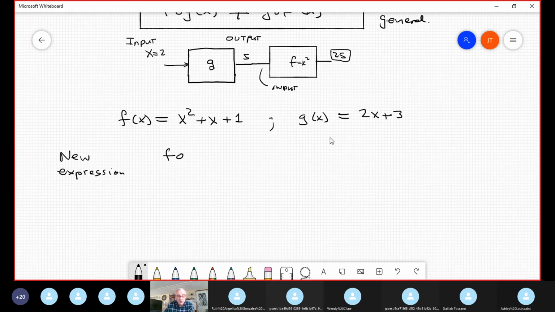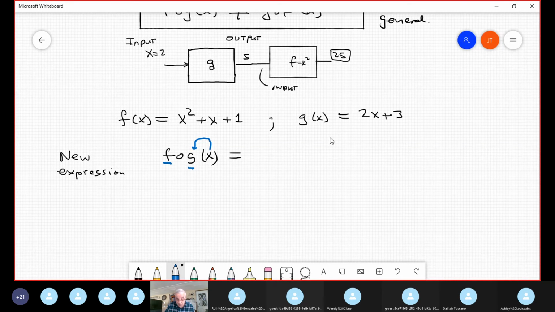I want to find the new expression for f composed with g. Well, let's do it. In this case, it's a little bit more complicated because we have no numbers, and numbers simplify the thing, because when you compute, you're condensing the information. But it's easy also, because I need to understand that x goes inside f. So the outermost function is f, and the innermost function is g. This is important to understand.